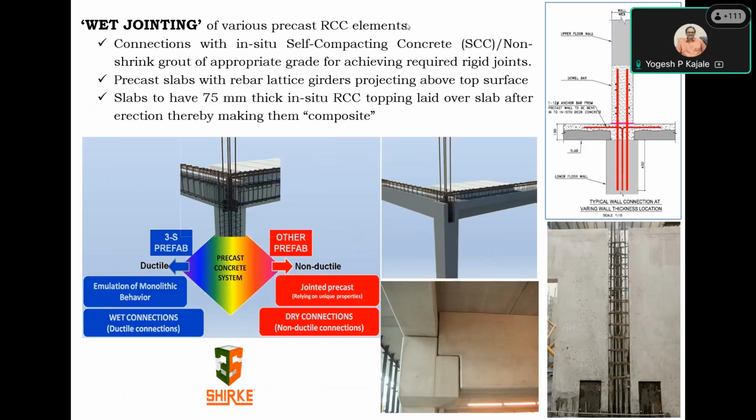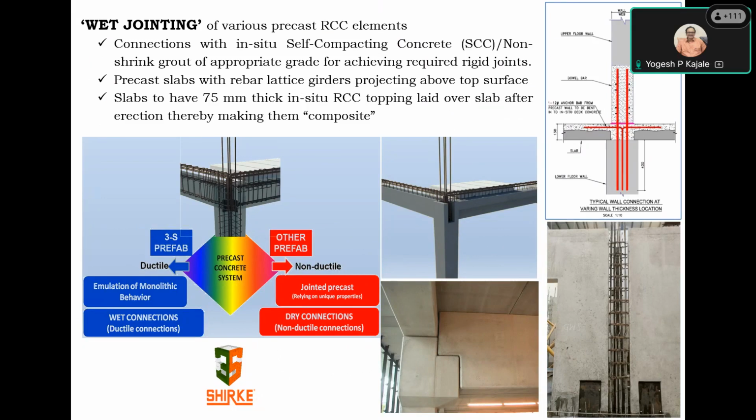So this is that bed jointing and dry jointing. On the bottom side, you will find that there is one precast column, corbel, and the beam. This is typically a dry joint connection. So the reliance is on anchor bars and the friction. In wet jointing system, you have a minimum 20-25% wet concrete which can be used.